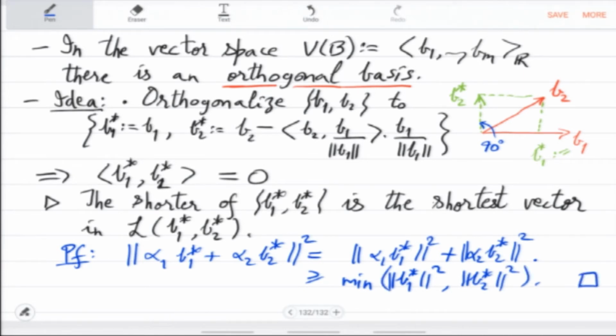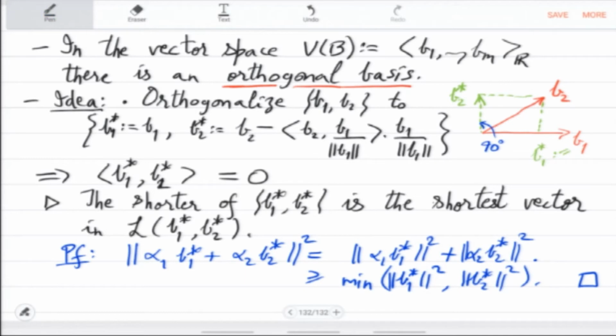This is an important thing to remember. This is the sum of squares property, which happens because of orthogonality, and this shows that for lattices of orthogonal vectors, the shortest vector is very easy to find.